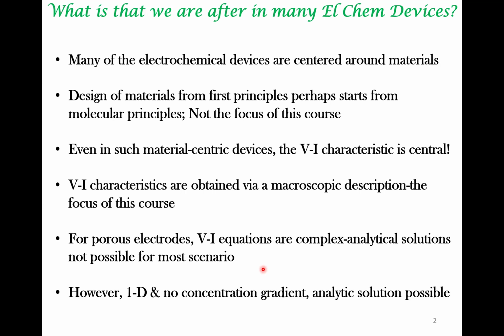However, in a limiting case, in a one-dimensional system with no concentration gradient, analytical solution is possible, and such a solution, even when obtained under restrictive conditions, holds a lot of insight, which is useful for understanding systems wherein these conditions are not applicable.